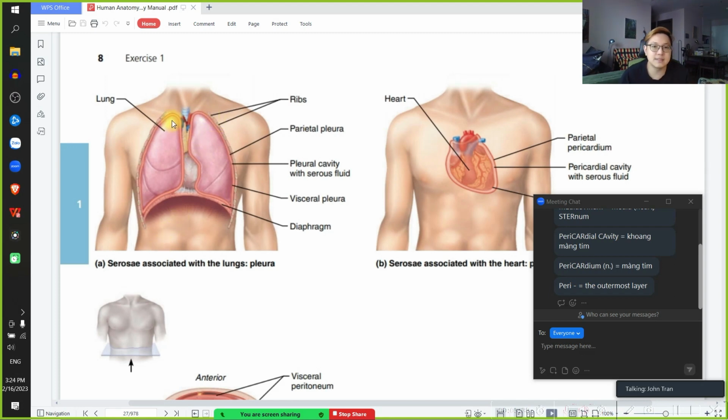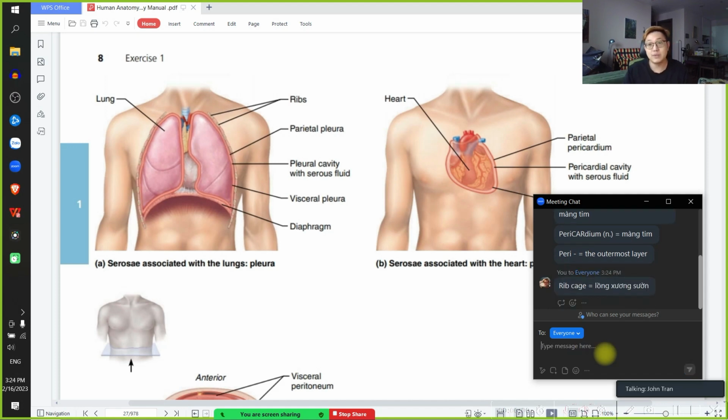Now, so this is a lung. Okay? Surrounding the lung, you have the ribs or rib cage. Đằng surround cái lá phổi, chúng ta có cái lồng ngực, một cái lồng xương sườn. So the ribs, xương sườn.